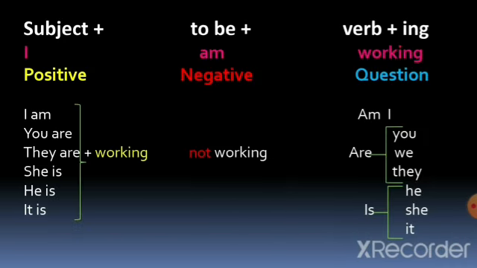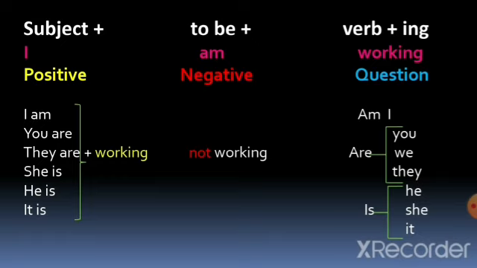So, we have learnt that when a subject is added to be, which is then added to a verb with ing, it forms present continuous tense. For example, I am working. I is the subject. I, you, they, he, she, it are subjects.